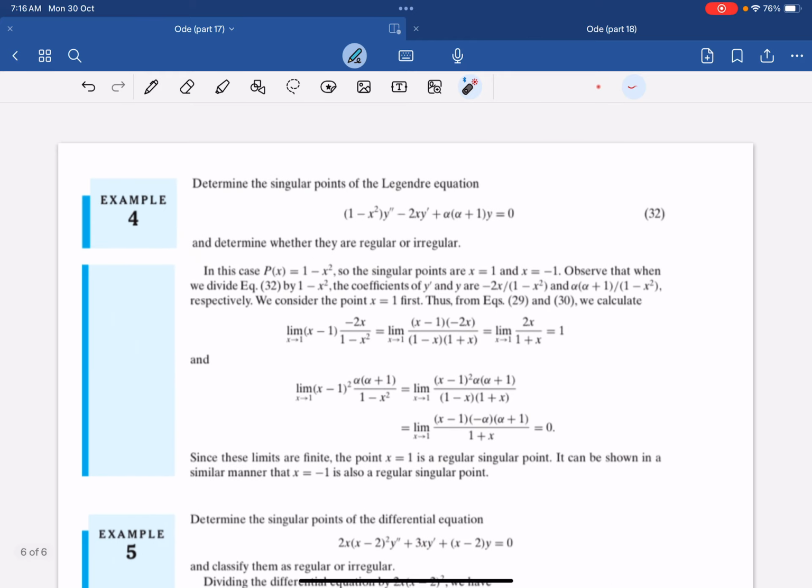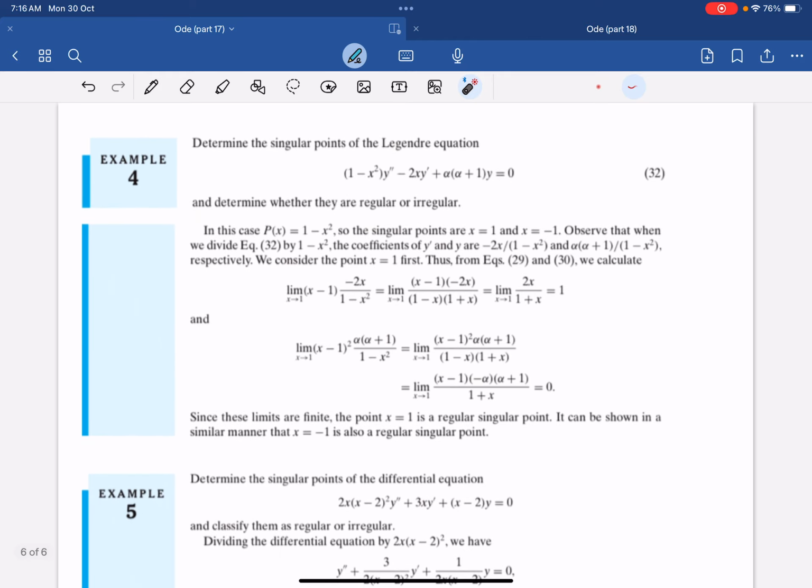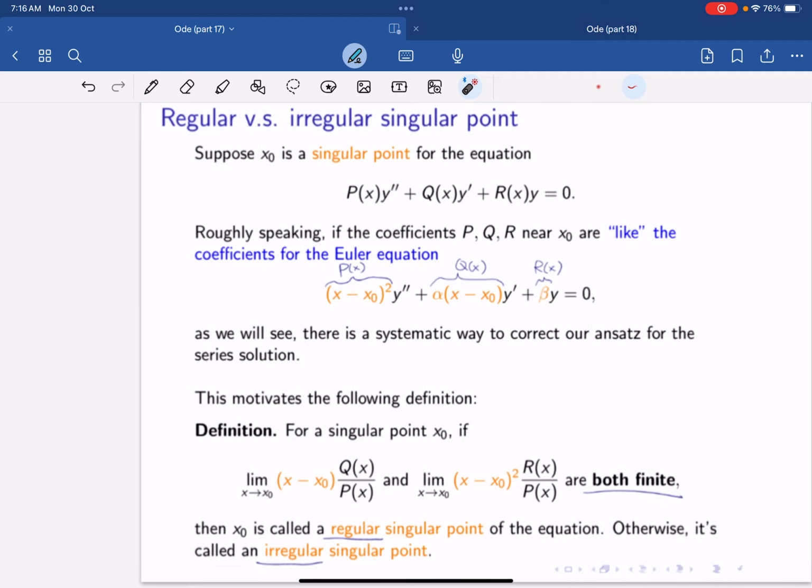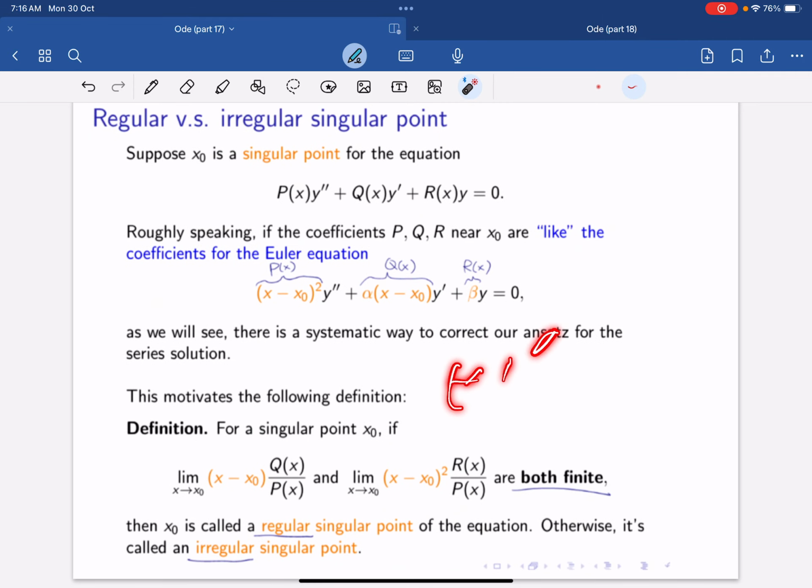So, some examples of what is a regular or irregular one. Let's say we got this. We want to find the singular points, which is just x equals to 1 and minus 1. Then we just check whether the limits hold. So we take the limit of x minus x naught times q(x) over p(x).